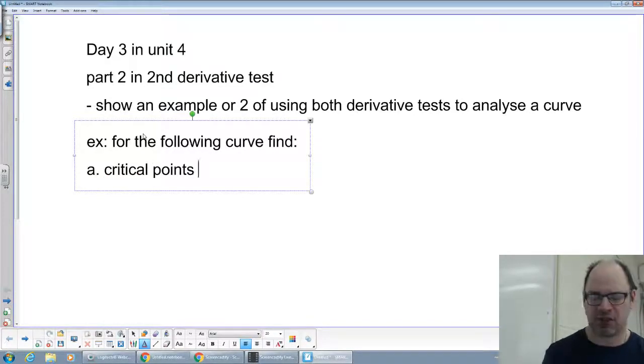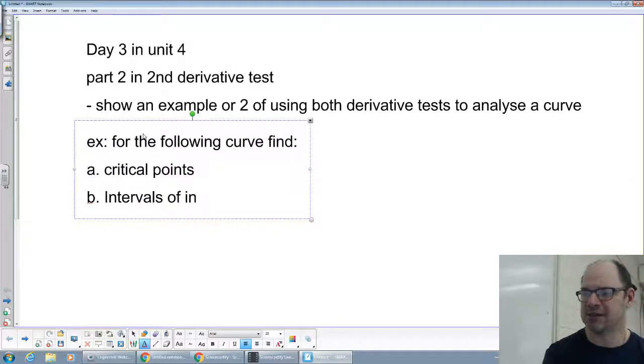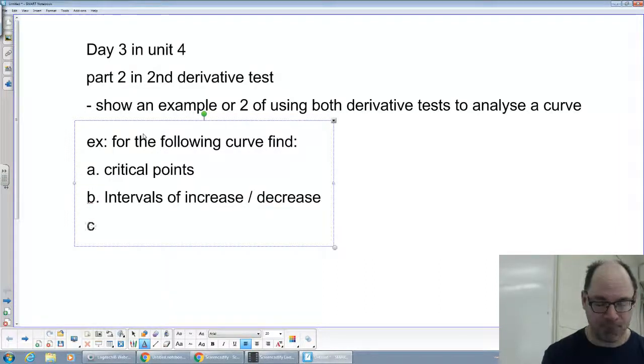I'll put these in the chronological order that you should probably do them in. Then the intervals of increase/decrease, which comes off the first derivative test. Then we roll into the second derivative test: the max and min values.